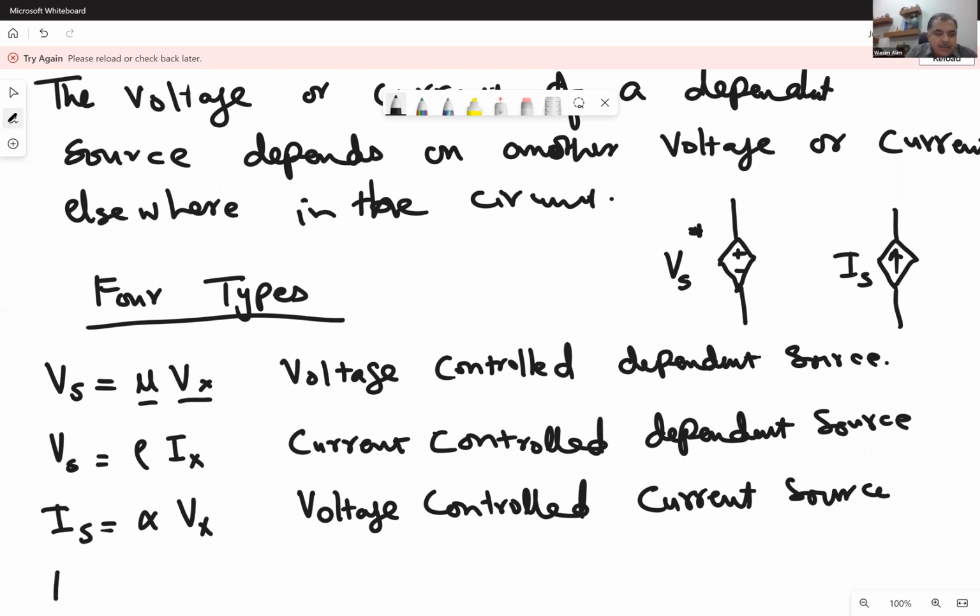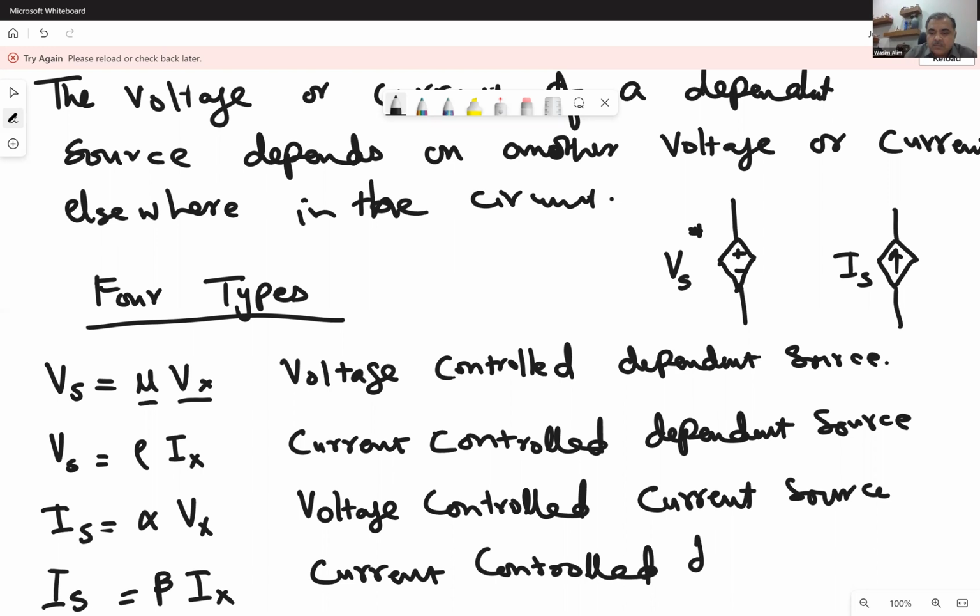And finally, the current source could be some other form. So we'll see all these different types as part of our analysis as we go forward in the course.